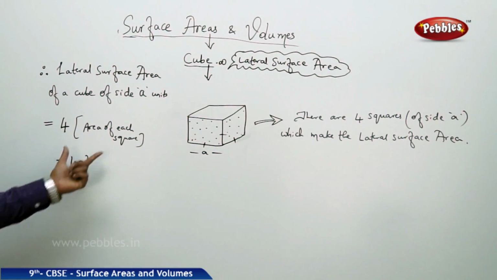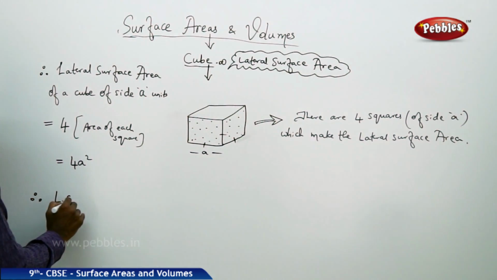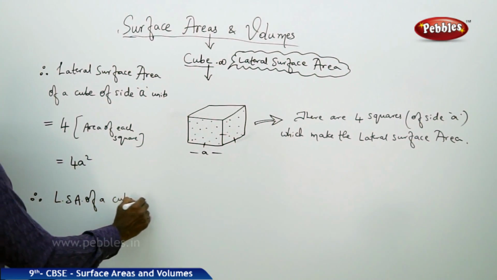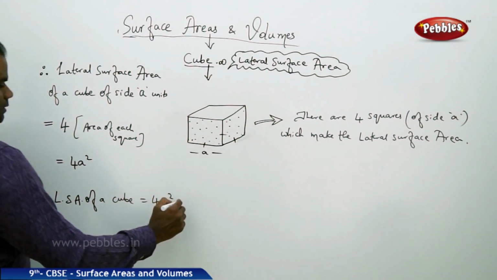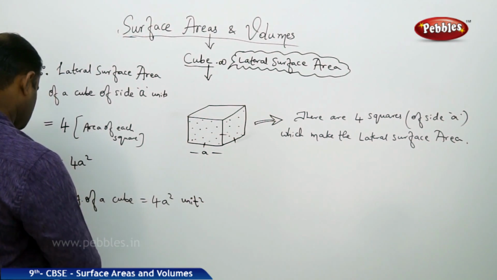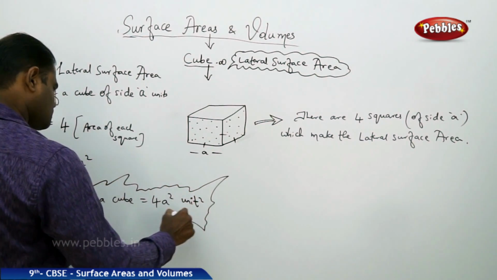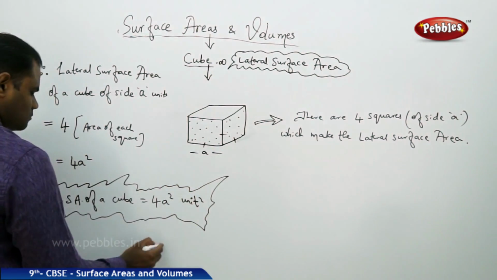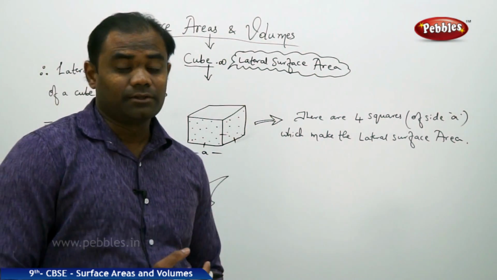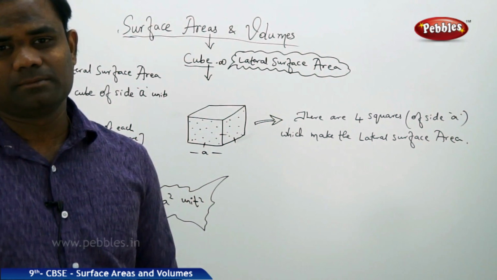That's how we get it, because the area of a square is A square. Therefore, LSA of a cube is 4A square unit square, the lateral surface area of a cube.